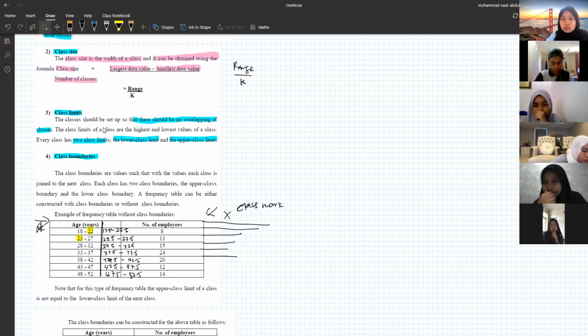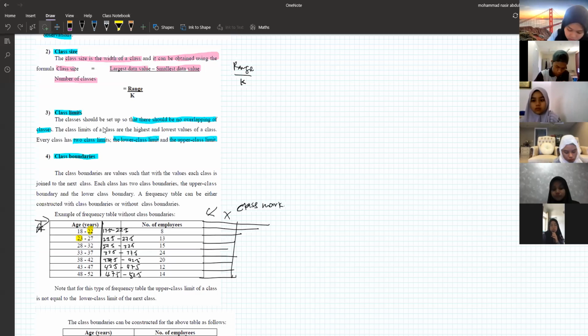For this table, we don't have a class boundary. We have 18 to 22. So 18 lower class boundary plus upper class boundary 22 divided by 2, so you will get 20.